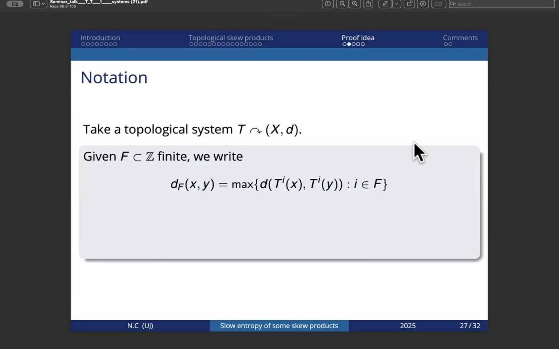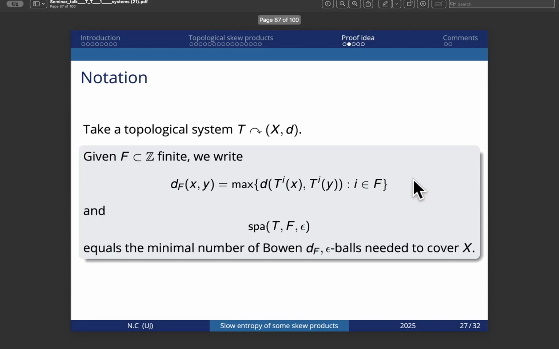This is just a notation thing. So for a topological system, for a finite set F of integers, this denotes the Bowen metric. It's like the classical Bowen metric, which is indexed by a set F, which is an interval like from 0 to n. And this is the same thing, but for some arbitrary set of integers. And we have the same thing for this spanning number.